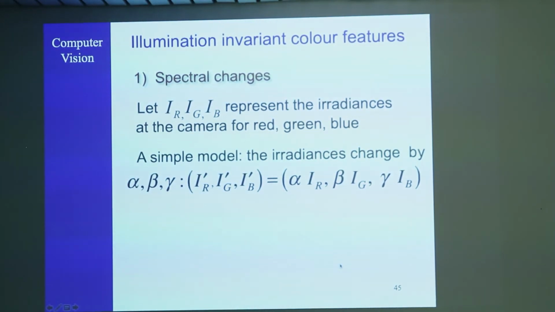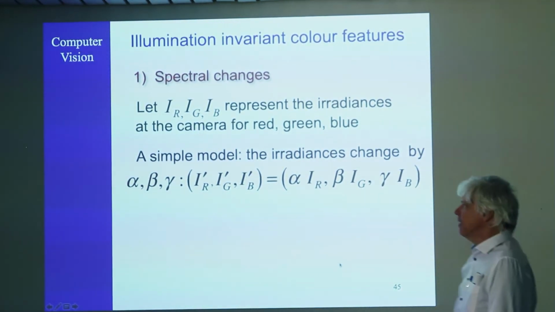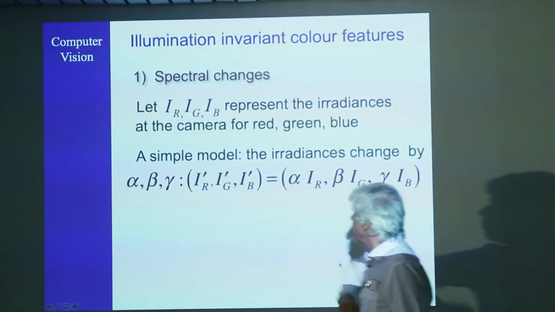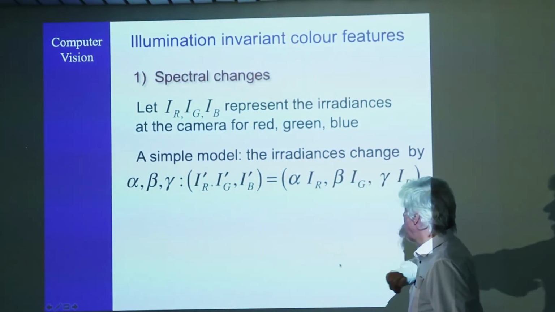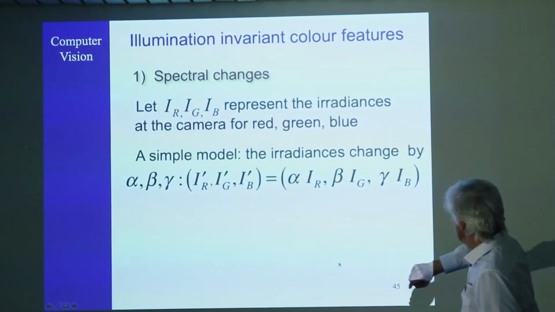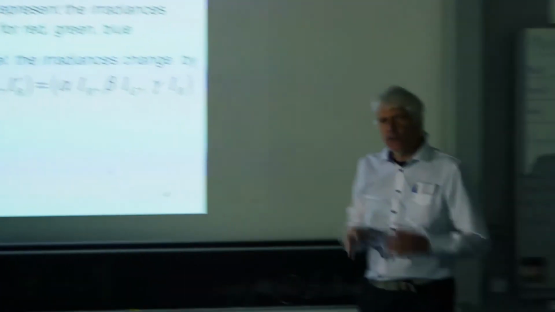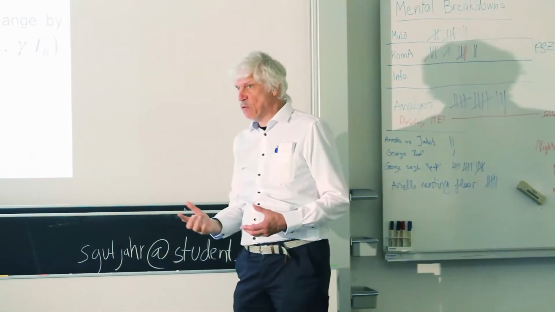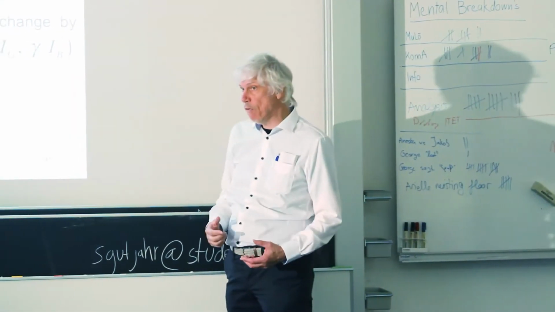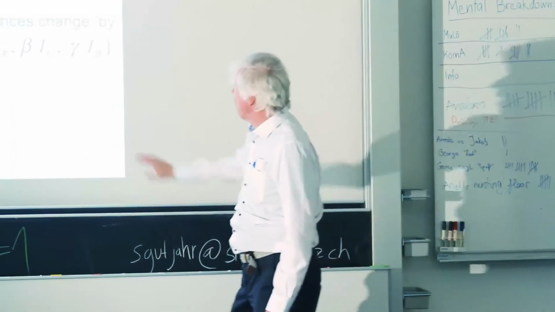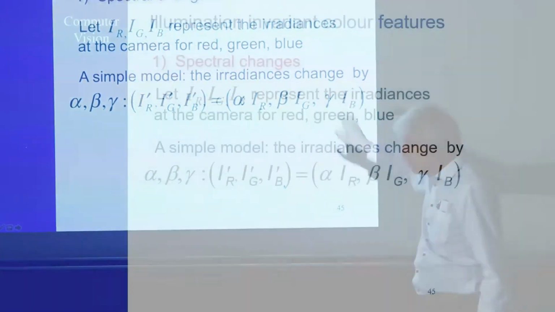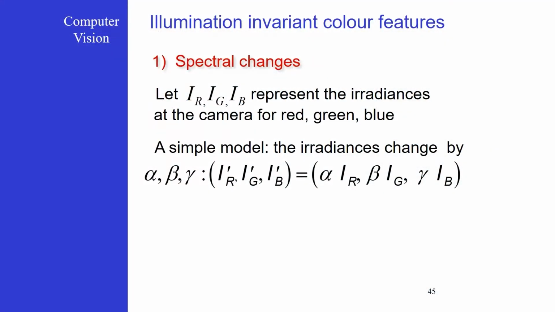That's the response we got. And now we get different amounts: I prime for red, for green, and for blue, being alpha times IR, beta times IG, and gamma times IB. So different relative amounts, because the color has changed. We have now much more red than before. So we have these different alpha, beta, and gamma to model that change.